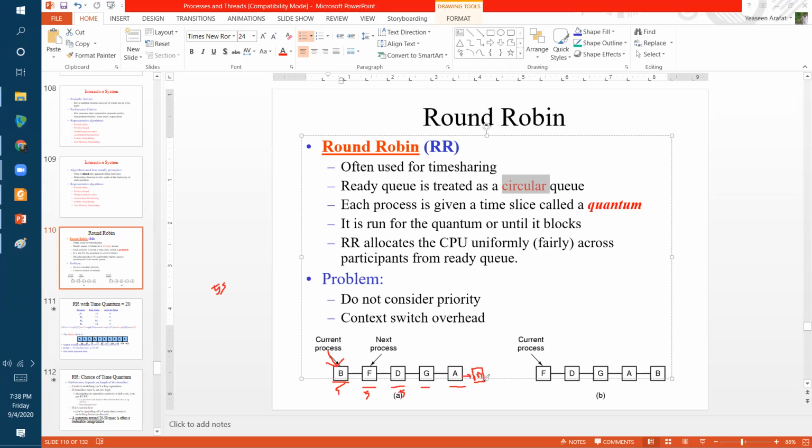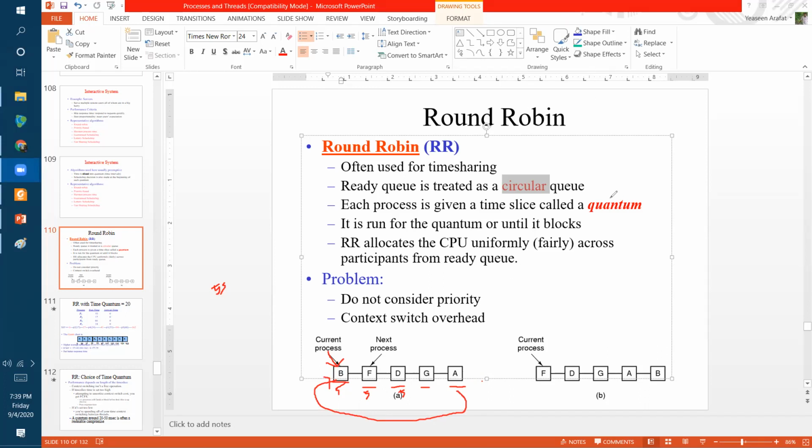So this is circular, from A back to B. Again B will work for 5 seconds, then F for 5 seconds, then D for 5 seconds, then G, then A, then again B. So the ready queue looks like a circular queue.